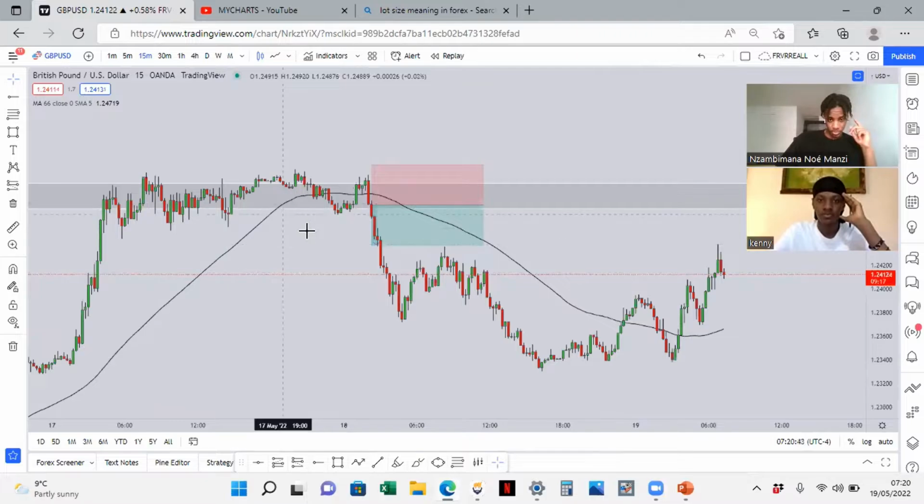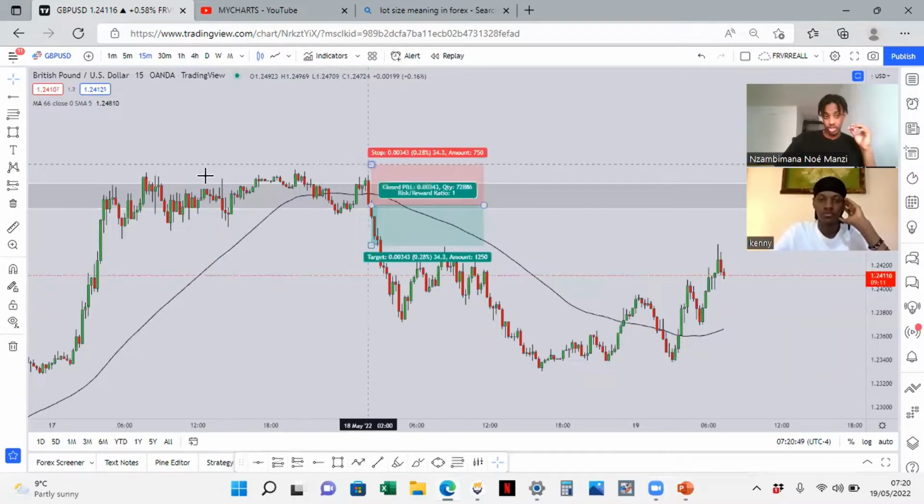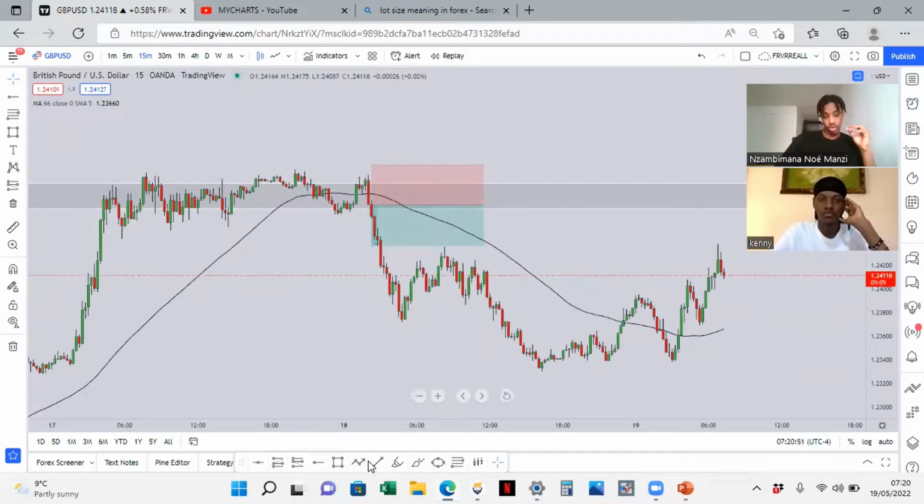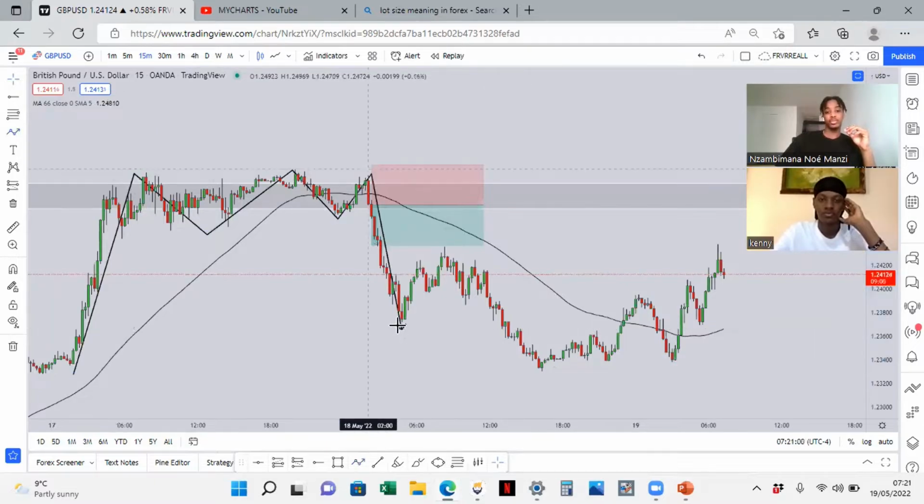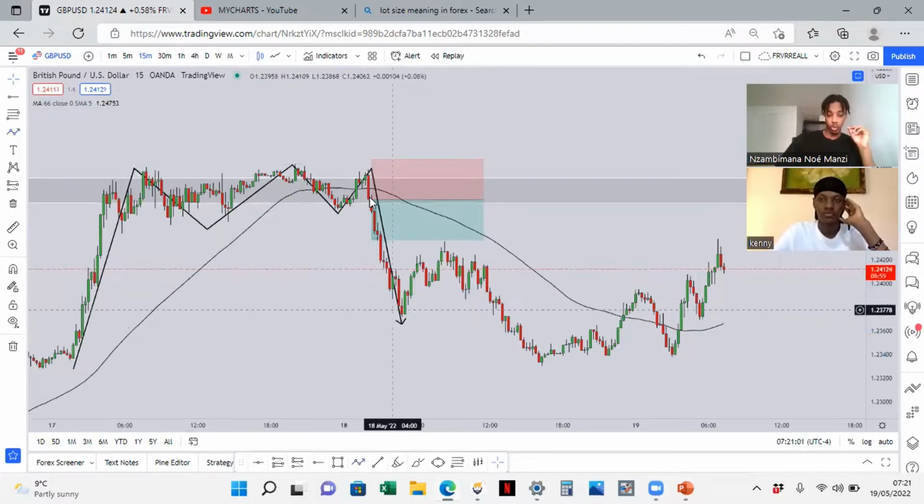So in terms of placing your stop loss, it's all about structure. Here the structure is here. Here you can see that the price has formed a triple top at this resistance. So this is where you put your stop loss, simply above here, right?